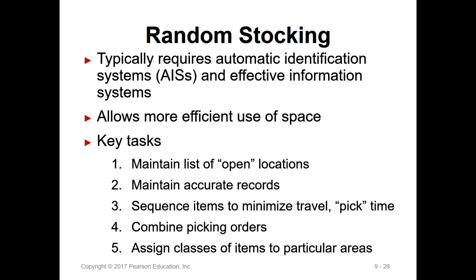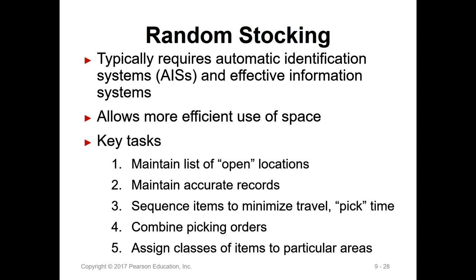If you do not put this in an organized way, if you want to put it anywhere you want, that means you have the technology to help you locate the items. So that means they require an automatic identification system. They need the information technology to help them realize random stocking.